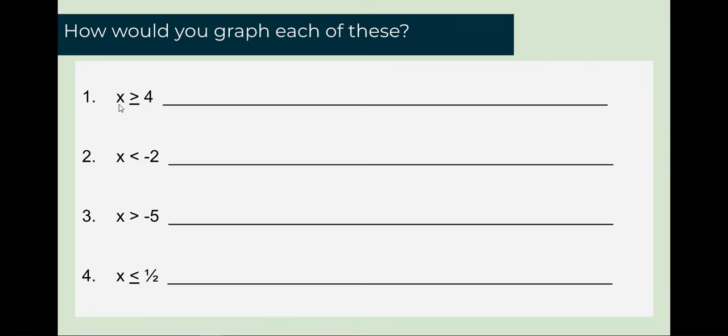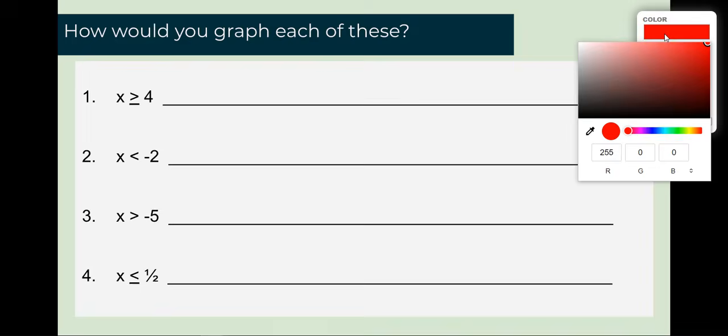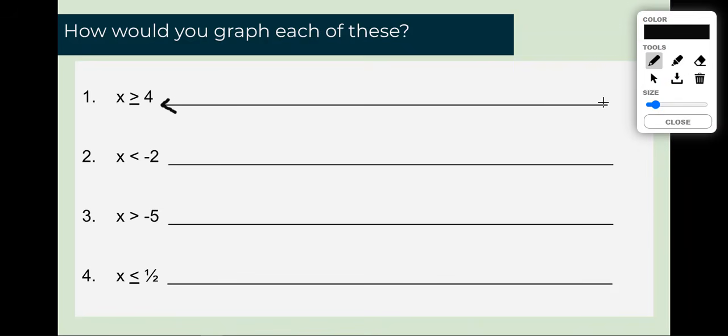So if I have x is greater than or equal to 4, first thing I need to do is look at our number line. If it's not labeled, you can just mark 4.